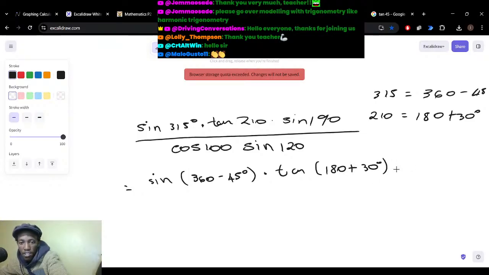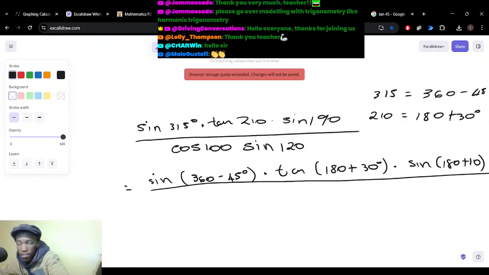And we know that sine 190 is sine of 180 plus 10 degrees, over cos 100. We know that 100 either equals 180 minus 80 or is 90 plus 10.